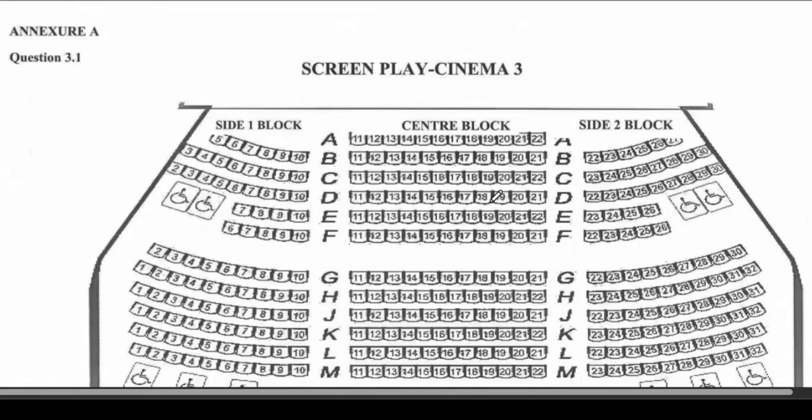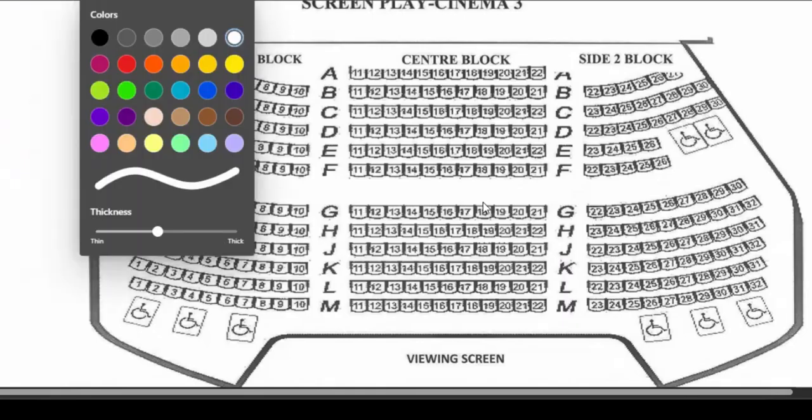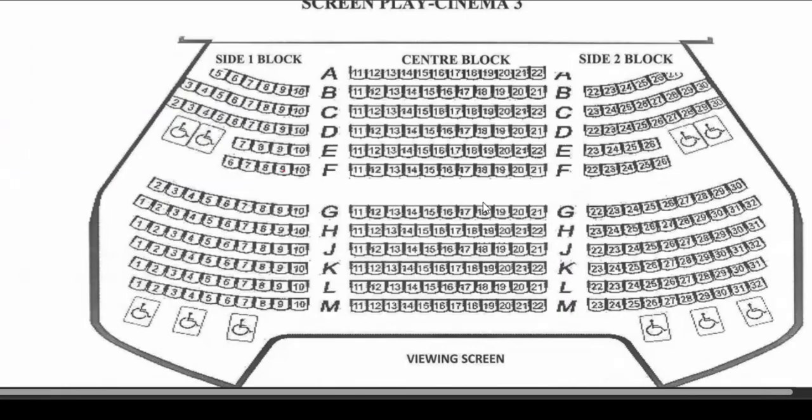This is one block. We are going to look at that, so this is where they want.